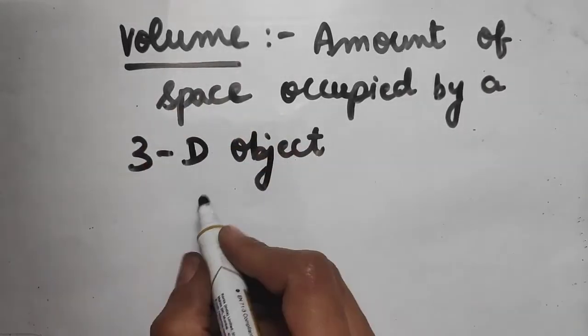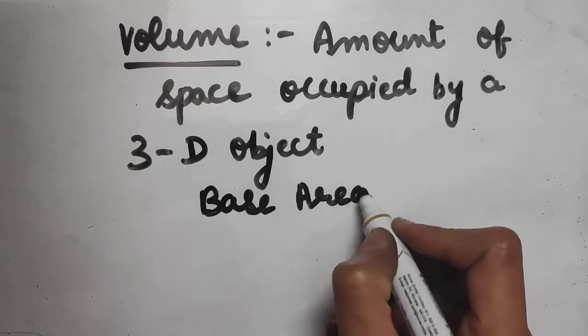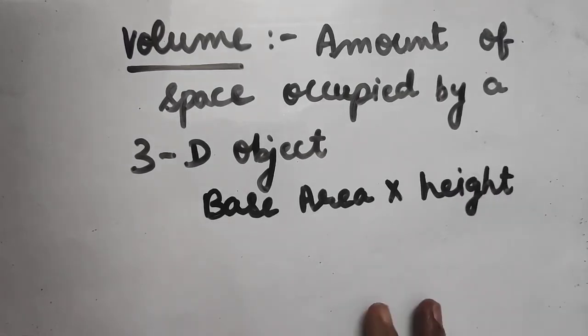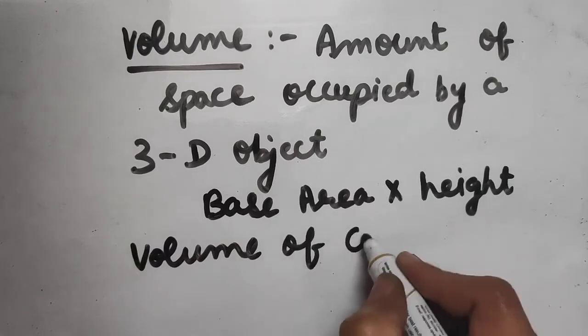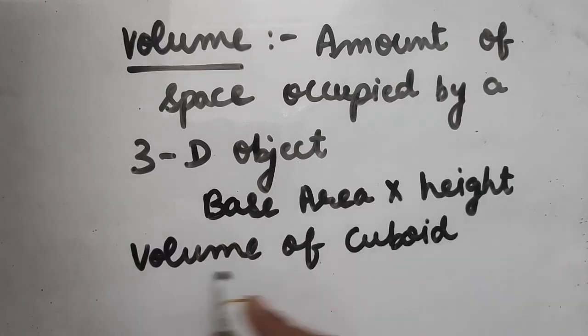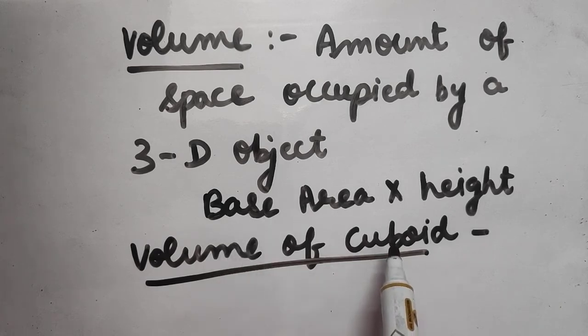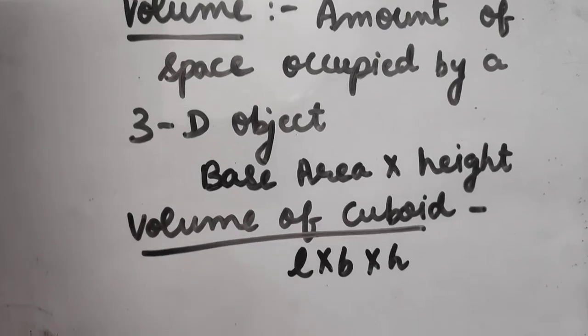General formula of volume is base area into height. If I talk about the volume of a cuboid, then as we know that base of cuboid is rectangular, base area will be L into B into H. So this is the formula of volume of cuboid.